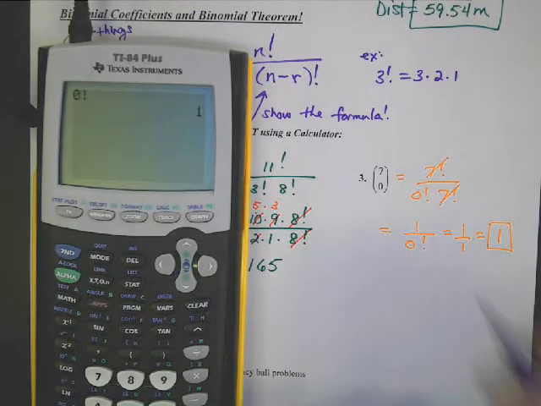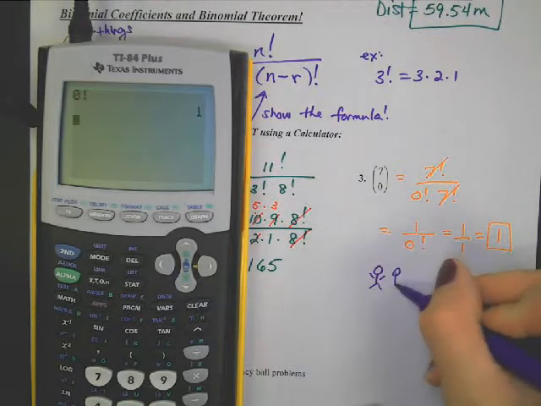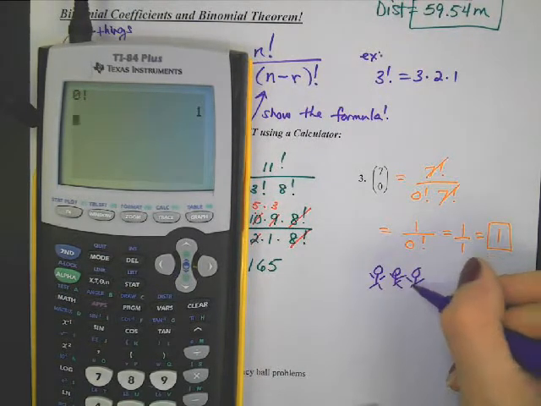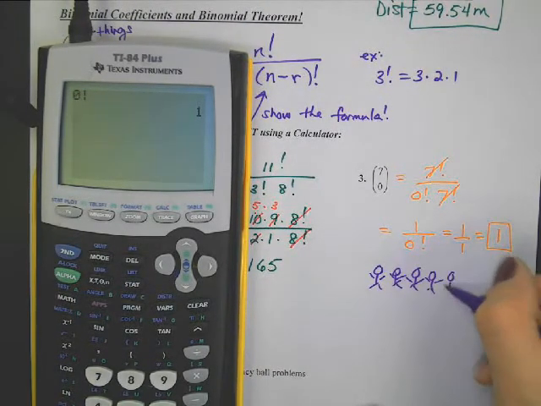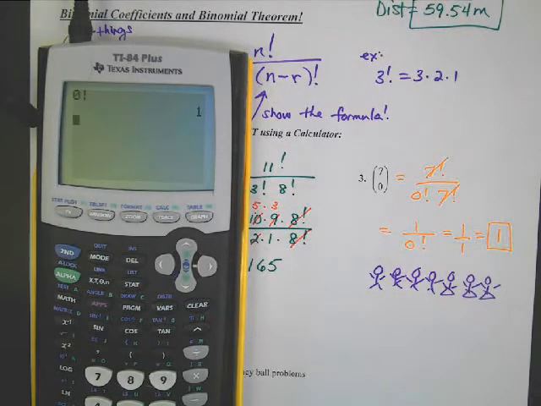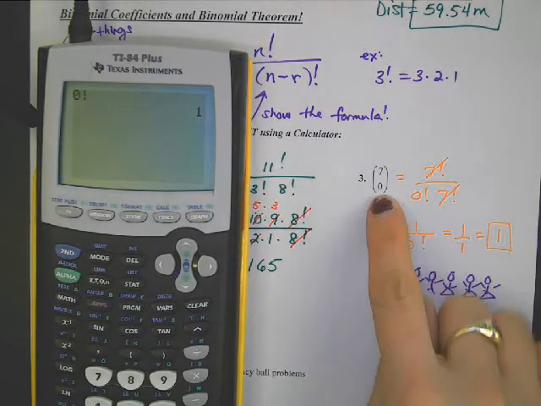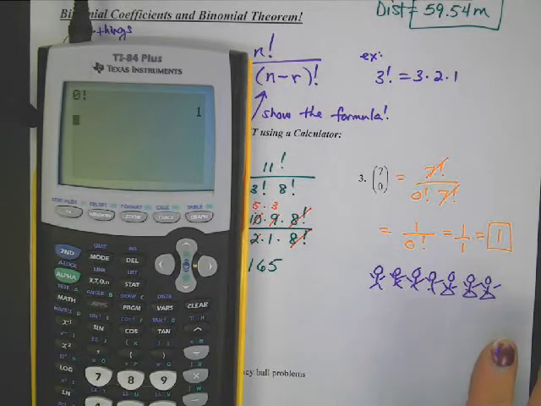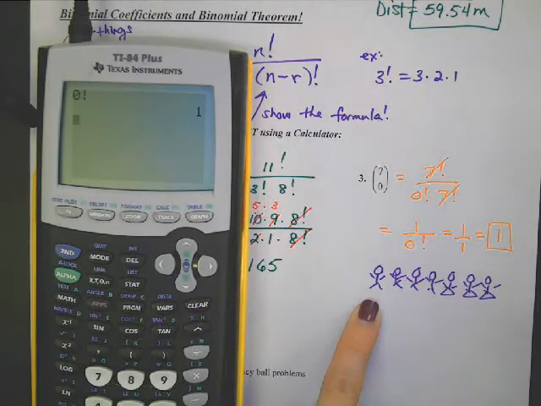There's 7 students. 1, 2, 3, 4, 5, 6, 7. I put some girls in there. There's 7 students. Okay. I'm going to choose 0 students. I'm going to give somebody a prize. Out of 7 students, I'm going to pick 0 of them. Ready? I pick this person. Wait. No, hang on.